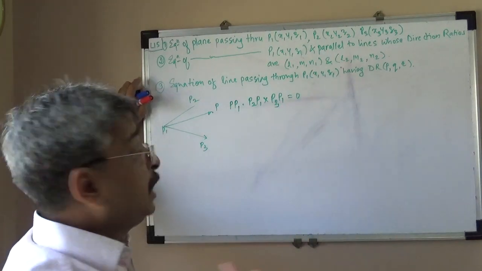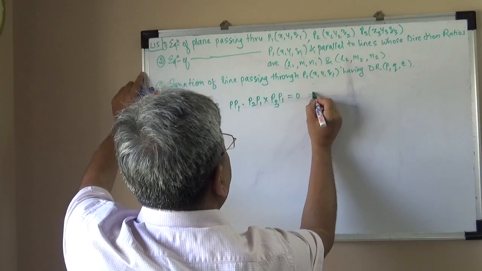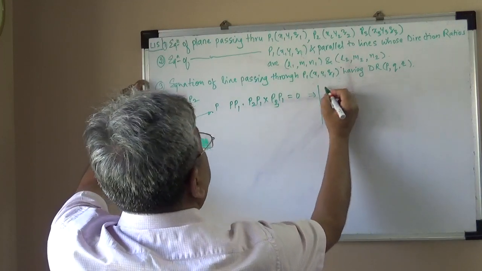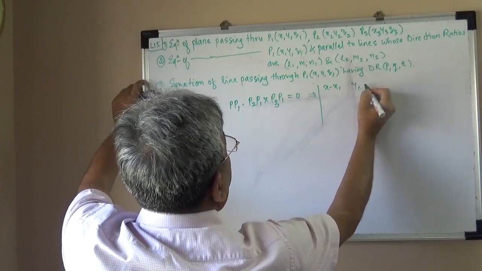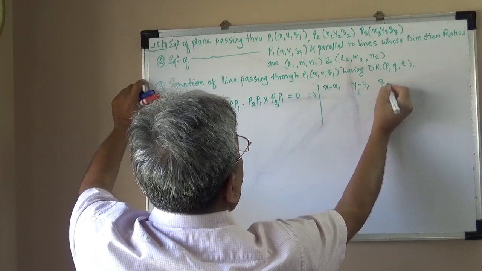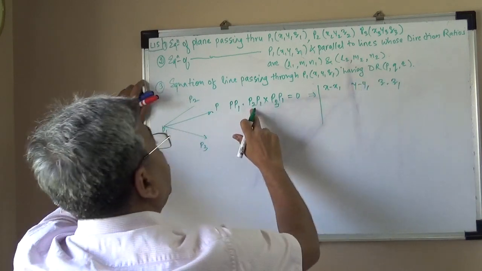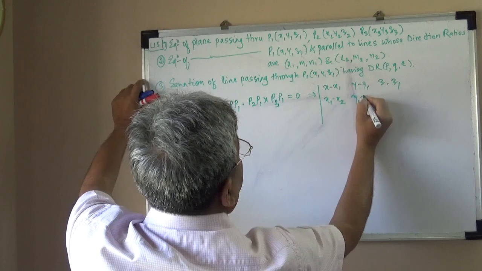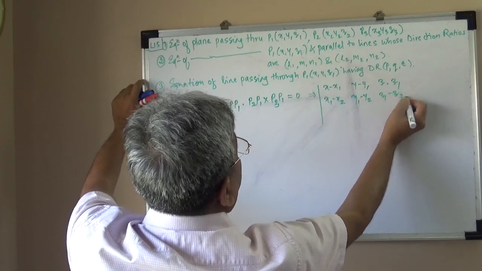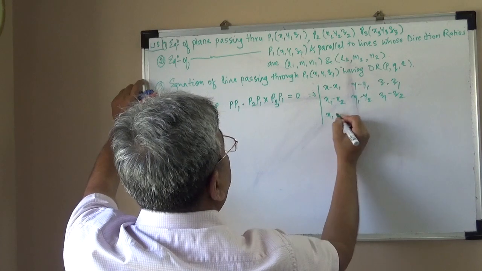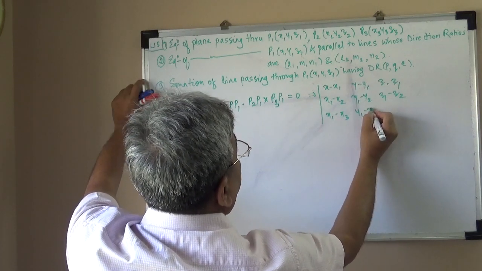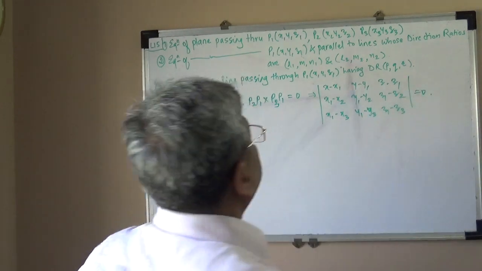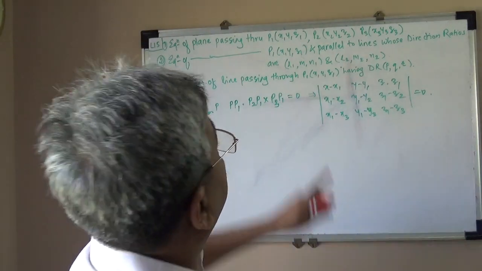That is the condition, and we know that this is equivalent to writing the determinant: PP1 is x minus x1, y minus y1, z minus z1; P2P1 is x1 minus x2, y1 minus y2, z1 minus z2; and P3P1 is x1 minus x3, y1 minus y3, z1 minus z3; equal to 0. So this should be the equation of a plane passing through 3 points.